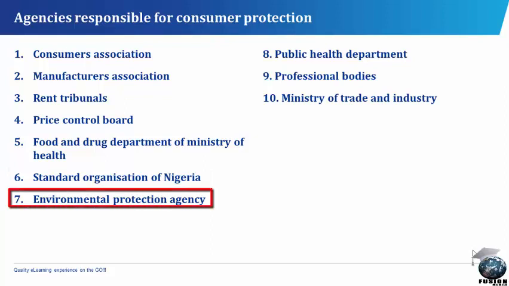The Environmental Protection Agency is a parastatal of the federal government. Its main objectives are: 1. To ensure that regulations and rules concerning environmental sanitation and hygiene are strictly adhered to.